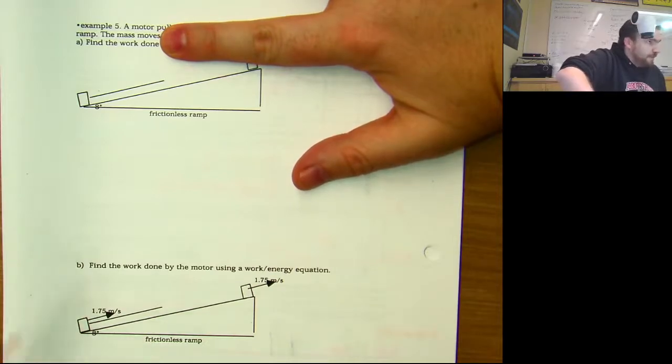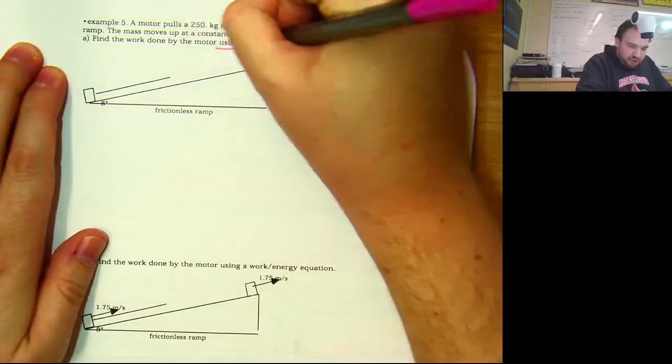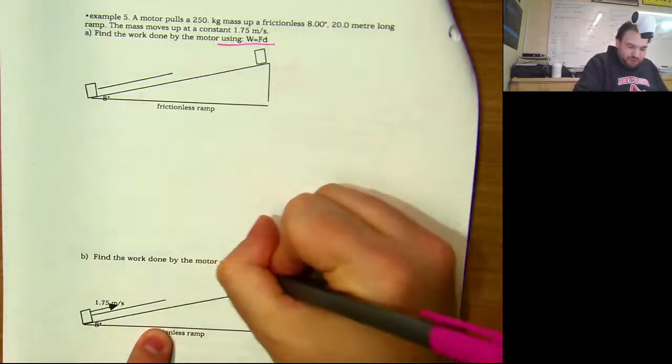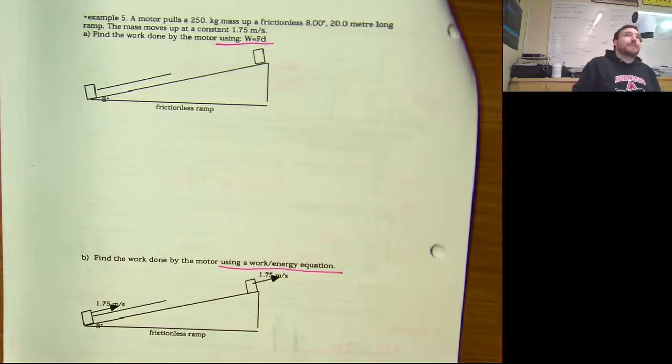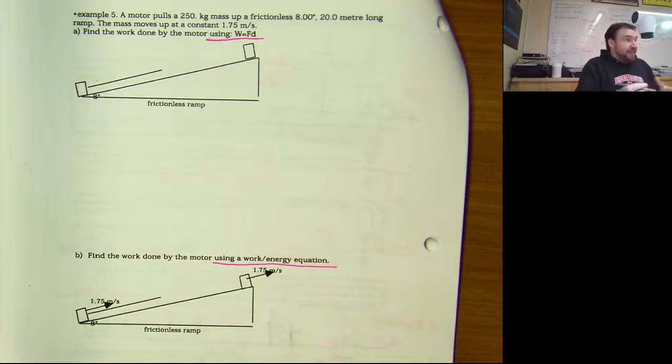This example says using work equals force times distance, and then they give you the same example down here at the bottom using the work energy equation. So the implication here is that we're going to see the same result using two different methods, and then later when you're just given a problem like this, you can choose how you want to solve it.